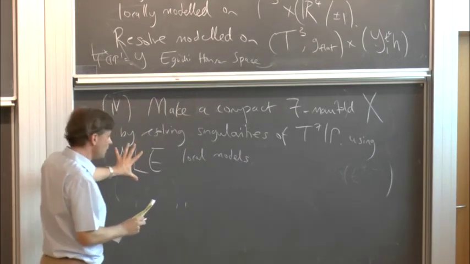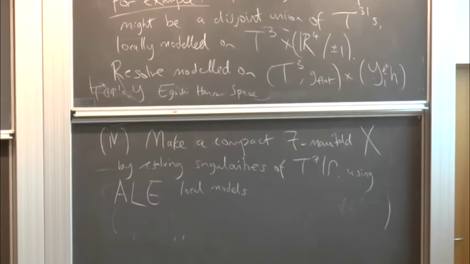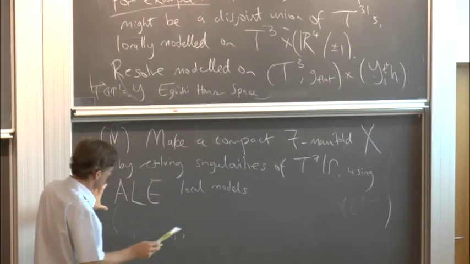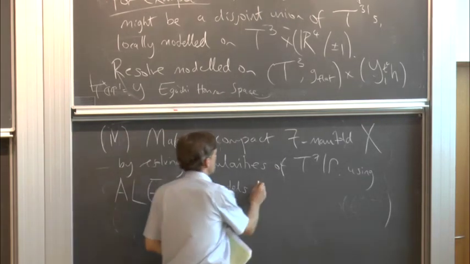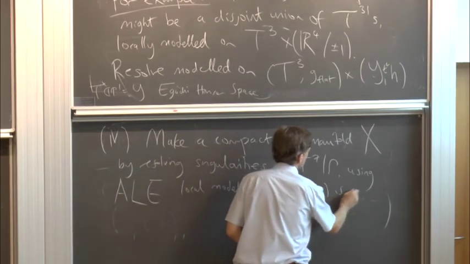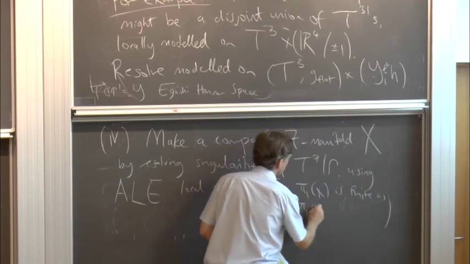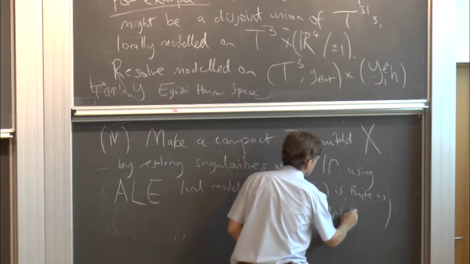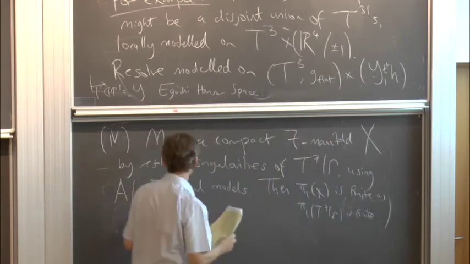Asymptotically locally Euclidean means asymptotic to a cone such as R4 mod a group or C3 mod a group. Okay, so then pi 1 of X is finite as pi 1 of T7 mod gamma is finite, and usually the resolution process doesn't change the fundamental group.